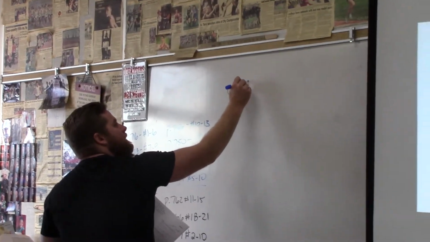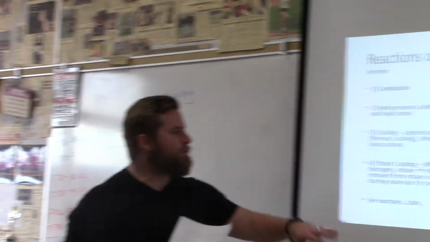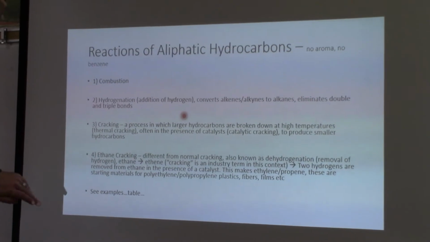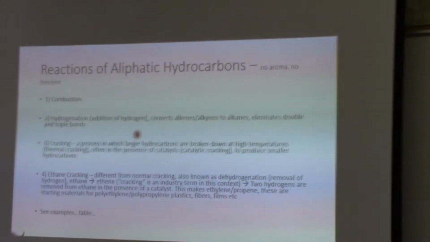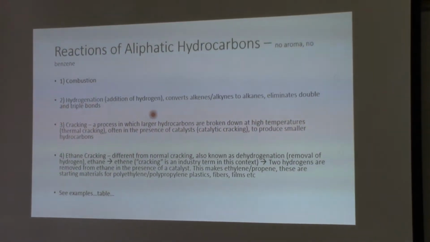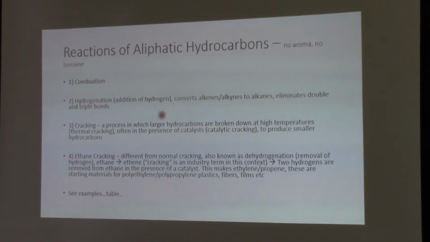Cracking is another thing that we'll talk about. You need to know the difference between cracking and ethane cracking though. Cracking is a process in which much larger hydrocarbons are broken down at high temperatures. Think of breaking down large hydrocarbons like bitumen from the oil sands.